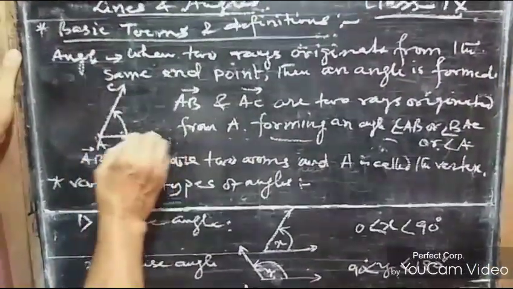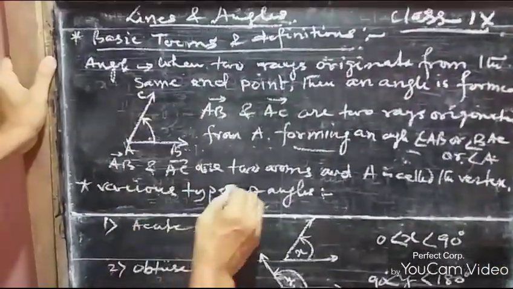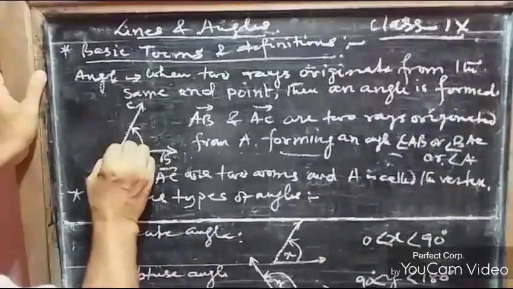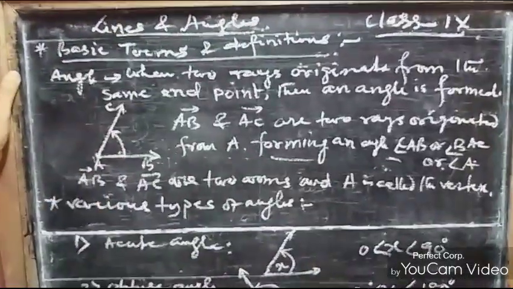Here the arms are two rays, AB and AC are two arms, and A is actually called the vertex of this angle.